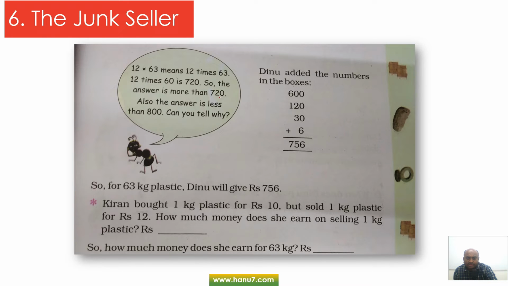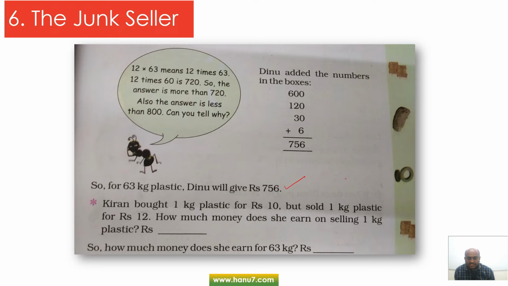So if you add 36 to 720, it will not be more than 56 extra, so it is less than 800. So 600 plus 120 plus 30 plus 6, just add them and you will get the answer. So for 63 kg plastic, Dinu will give 756 rupees to Kiran.